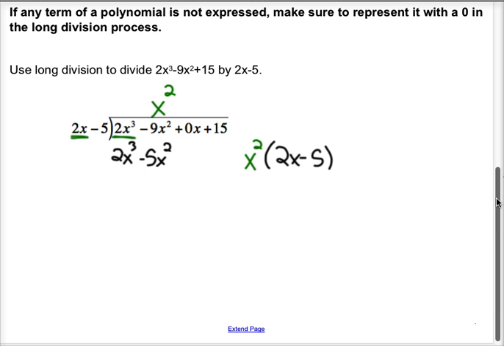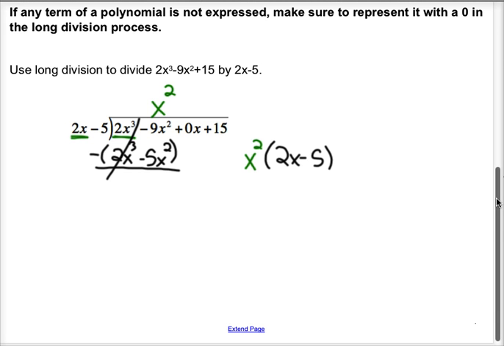And now I need to see how close did I get with that. So I'm going to subtract that off. So 2x cubed minus 2x cubed cancels off just like it was supposed to. And now negative 9x squared minus a negative 5x squared.